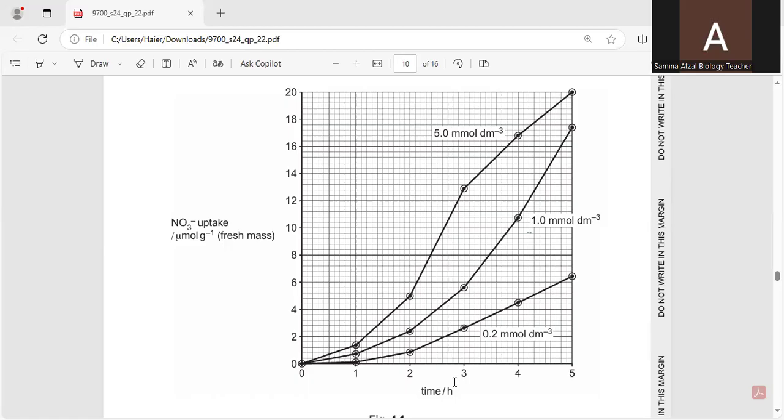Then we have to compare these two: one shows much lower uptake of nitrates, whereas the 5 shows the highest uptake of nitrate ions. So we are going to write these results in the given space.